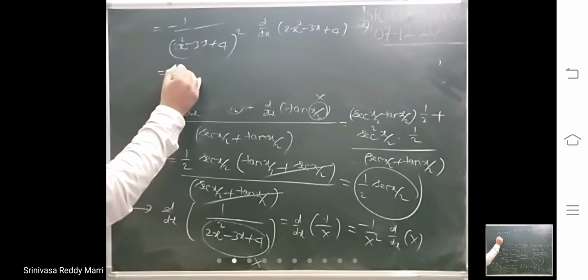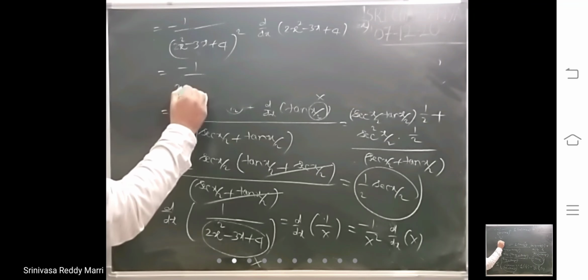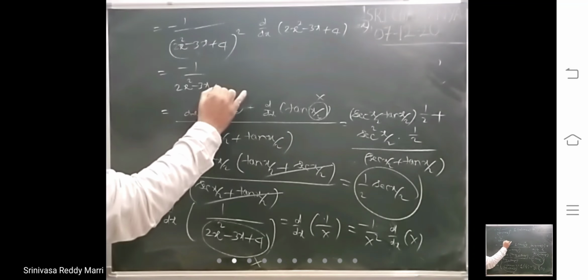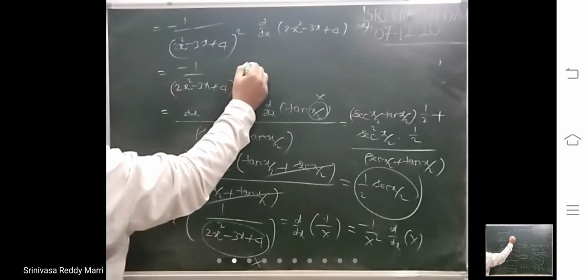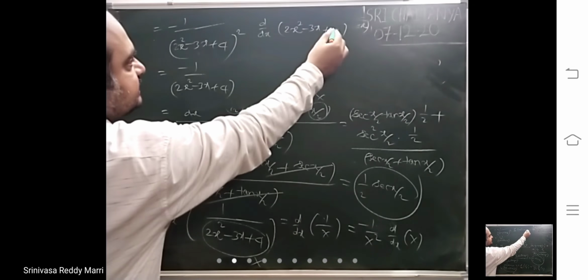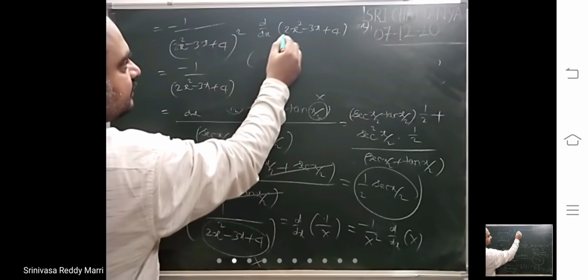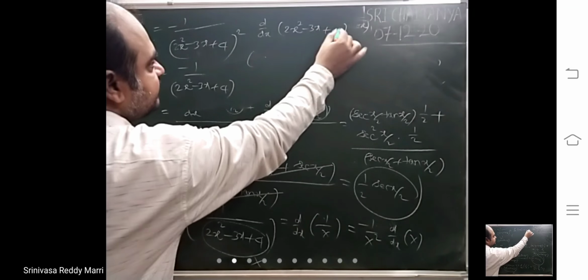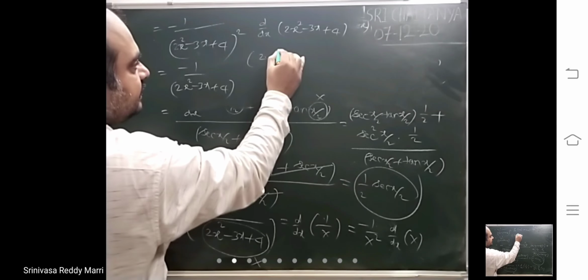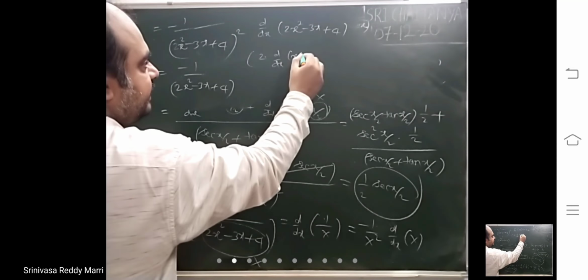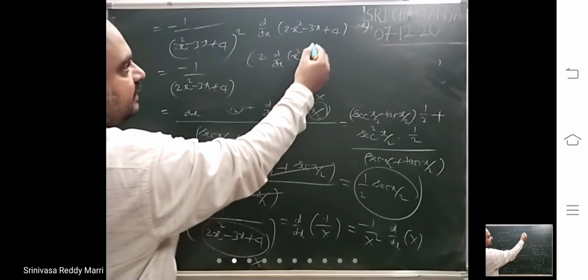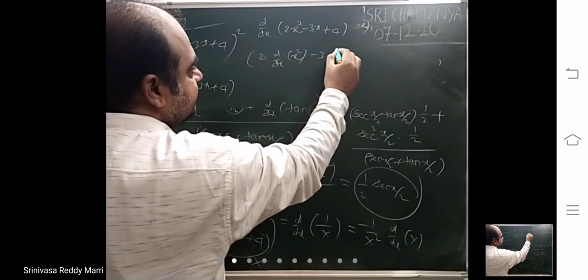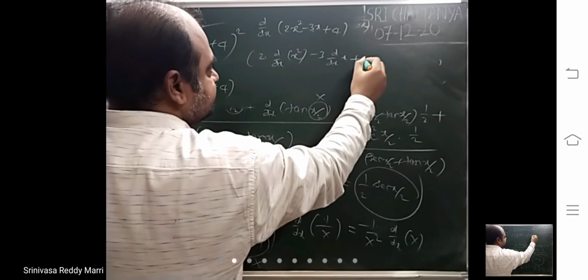So that means minus 1 by 2x square minus 3x plus 4 whole square into, these three functions are there. So derivative of this plus derivative of this plus derivative of this. That means 2 into d by dx of x square, derivative of this minus 3 into d by dx of x.